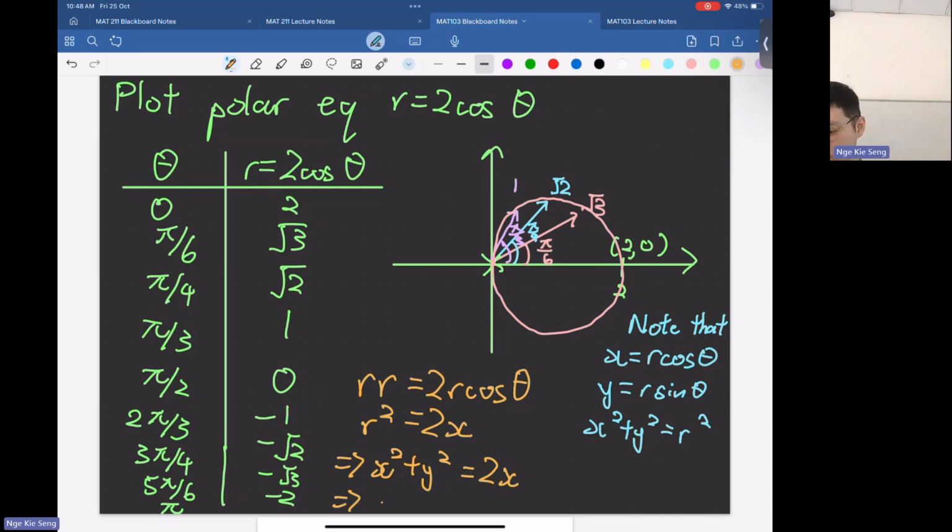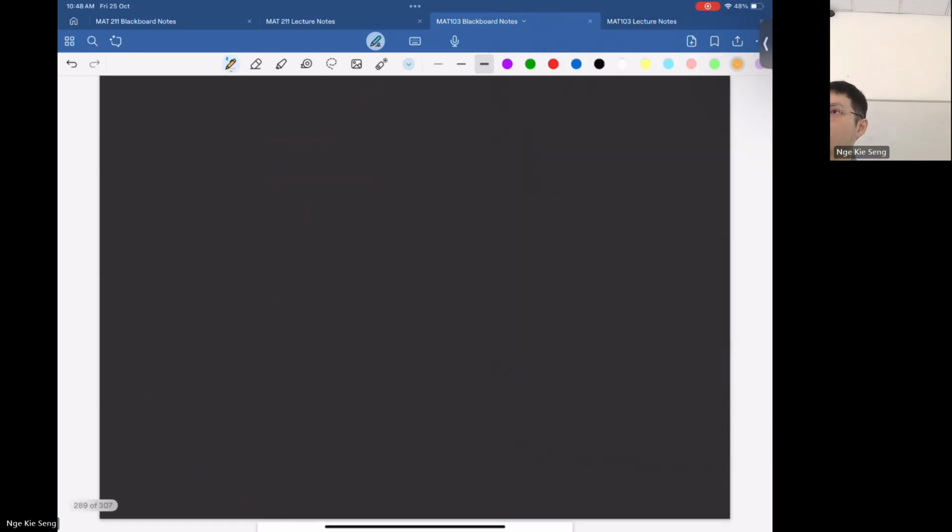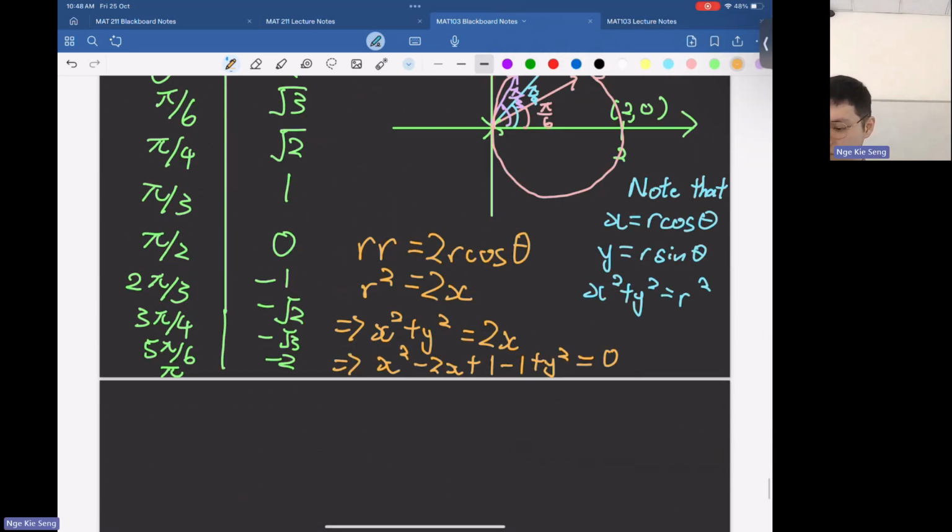You complete the square. Do you know what completing the square means? So you make a square out of it. We make (x minus 1) squared plus y squared equals 1, where 1 is 1 squared.